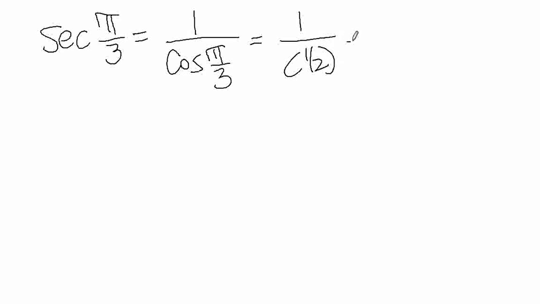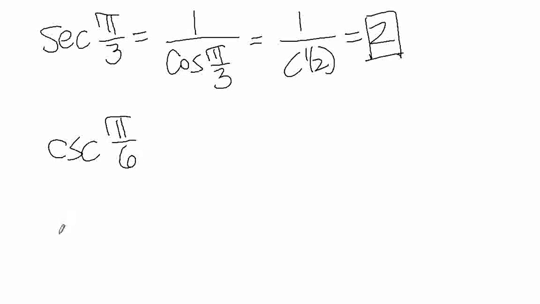So that would lead me to the fact that the secant of pi over 3 radians is equal to 2. Now let me have you try some. Would you please try to find the cosecant of pi over 6 and the cotangent of 30 degrees. So pause the video and try to evaluate those now.